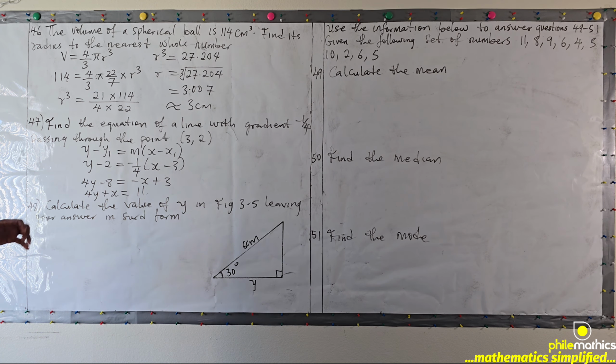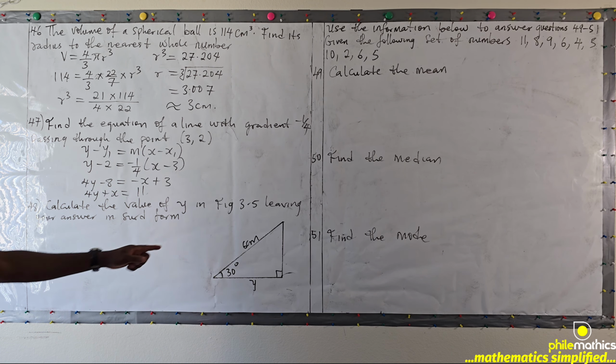48 says calculate the value of y in this figure, leaving your answer in surd form. So we're looking for this y. What comes to mind is a trig ratio. This is adjacent because that is where the angle is, and this is the hypotenuse. Adjacent to hypotenuse is cos.